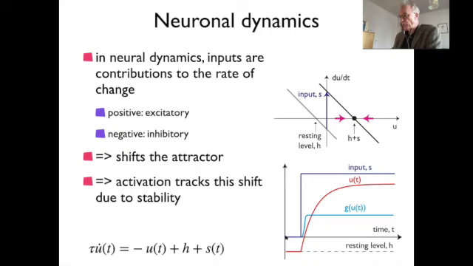I'm assuming that initially input was 0, so I was sitting in an attractor at u equals h, the resting level. And then I'm turning on that input abruptly in a step-like function, the most extreme case. And what will happen is that the activation will then emerge as an exponential relaxation toward the value that equals h plus s. So it's lowered below this level of s by h, which is a negative number. That's where it will asymptote.